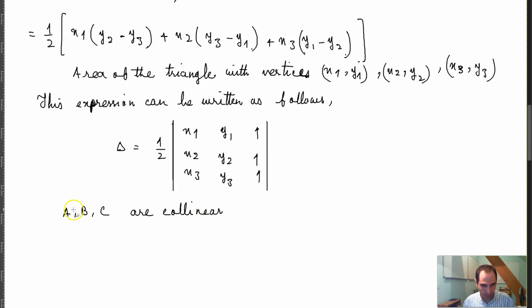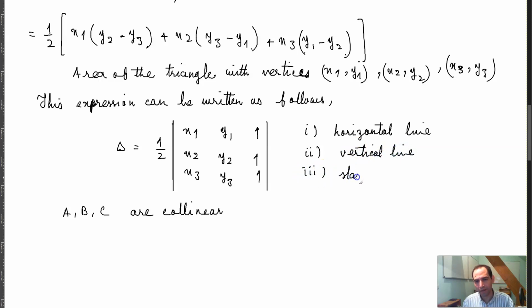Either number 1, the 3 points are on a horizontal line, or the 3 points are on a vertical line, or they are on a slanted line.